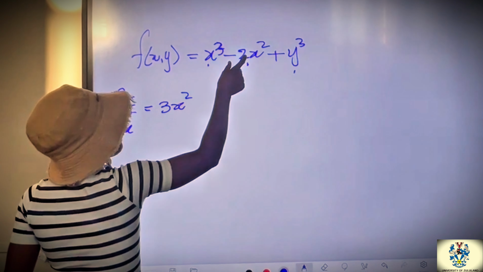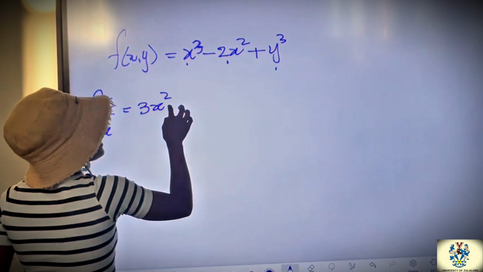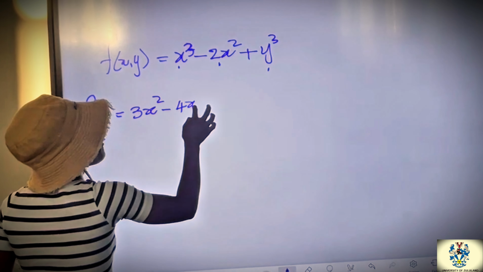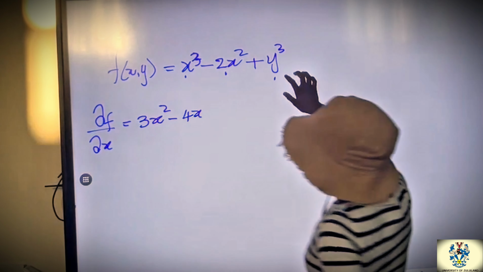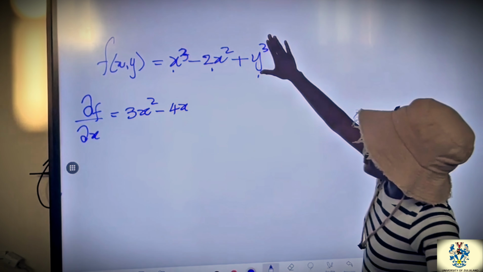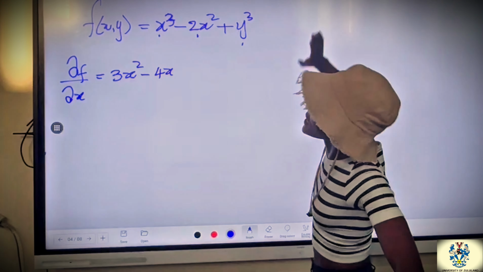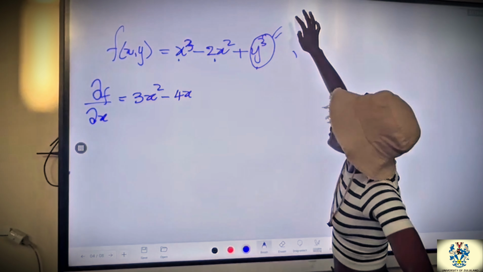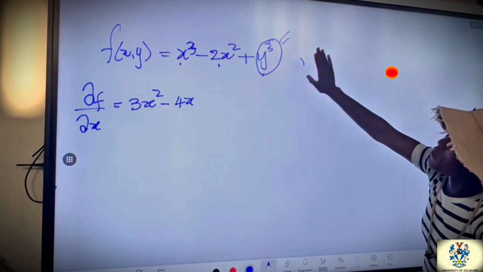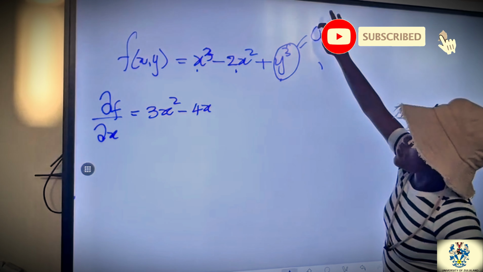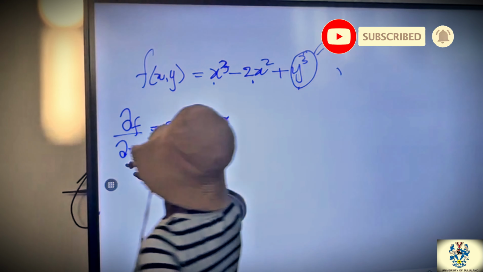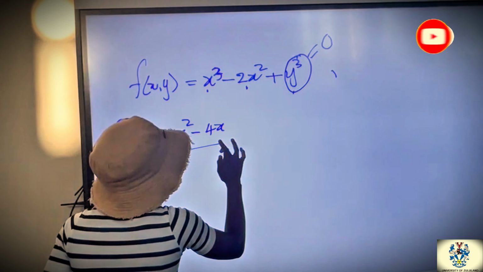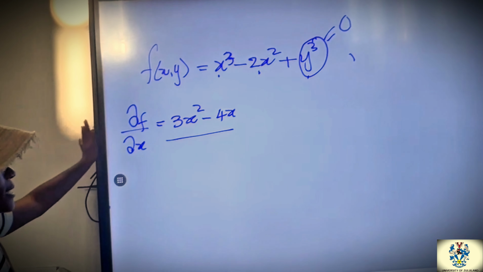The derivative of 2x squared is minus 4x. We don't have any x in our third term, so we take it as a constant, and the derivative of a constant is always 0. So that is our partial derivative in terms of x.